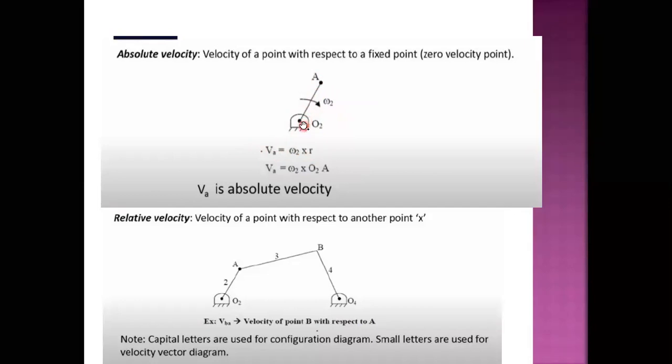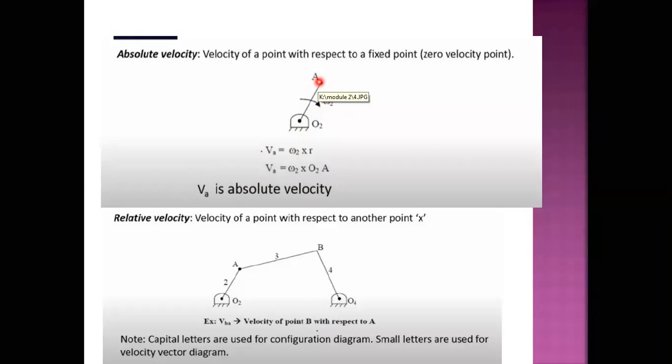What is the radius with respect to this fixed point? Now we are finding the velocity at point A. Absolute velocity means always measuring the velocity with respect to the fixed point. This is the fixed point O2, and we are finding the velocity here. Therefore, this velocity is equal to omega 2 into the radius of this link, which is O2A. This gives the absolute velocity at point A. We always measure absolute velocity with respect to the fixed point, which has zero velocity.